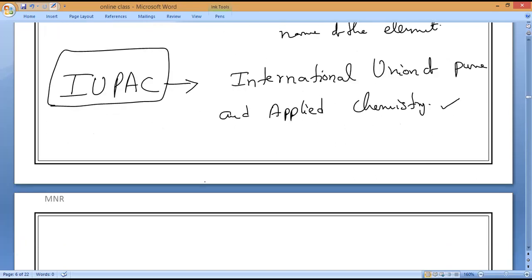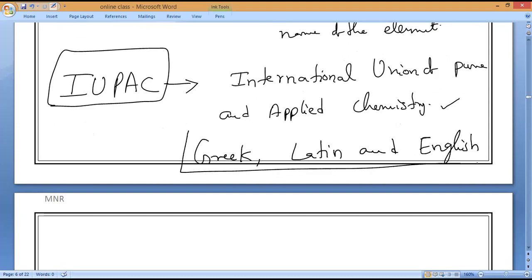Due to that, some symbols have been taken from Greek, some from the Latin names, and most of the elements from English names only. So these are the names chosen as modern symbols for elements. This is the organization or committee called IUPAC.